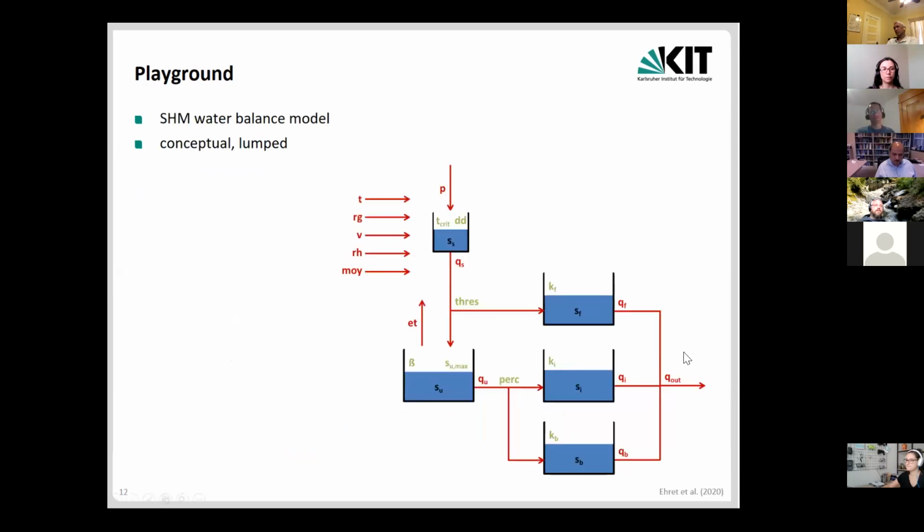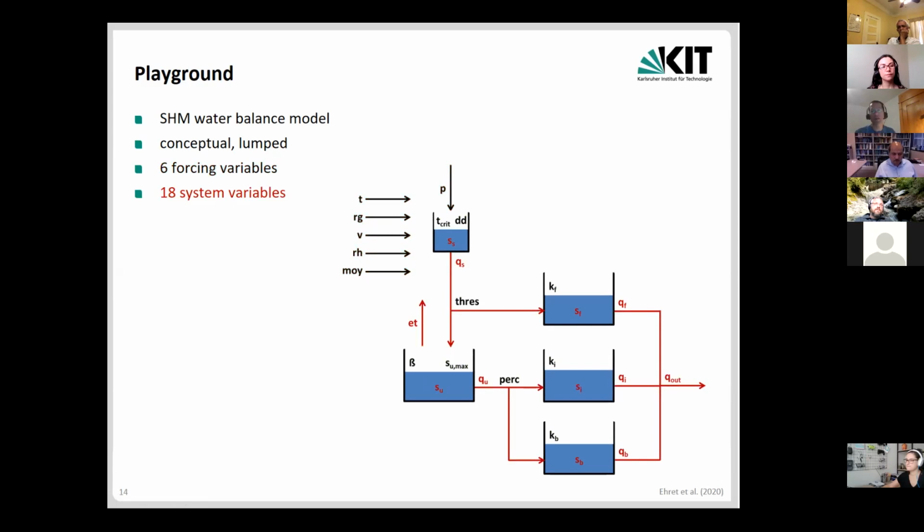And the toy model that I'm using here is a simple HBV model, like a water balance model, conceptual and lumped. Overall, as you can see, it's a typical bucket model, one bucket for surface runoff, one for interflow and base flow, and one unsaturated zone bucket for evapotranspiration and soil water storage. Its forcing consists of mainly rainfall and the other hydrometeorological or climate variables.